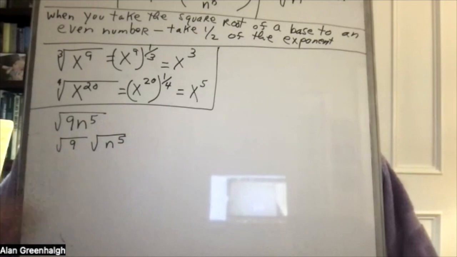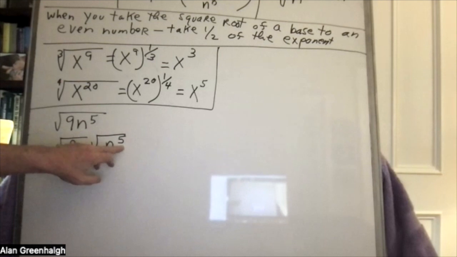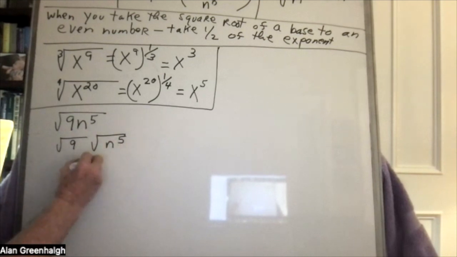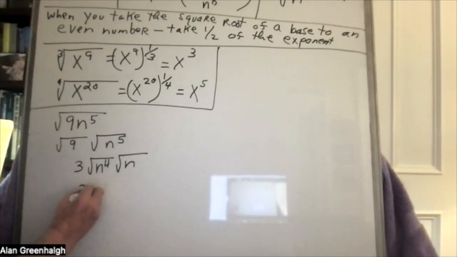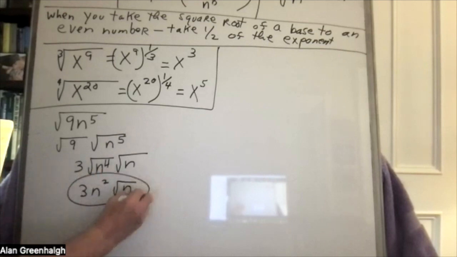Well, this is easy because this just becomes a 3, but this is a problem. There is no such thing as the square root of n to the 5th. So you separate this into an even number and then just whatever is left over. And this becomes 3n to the 2nd times the square root of n.